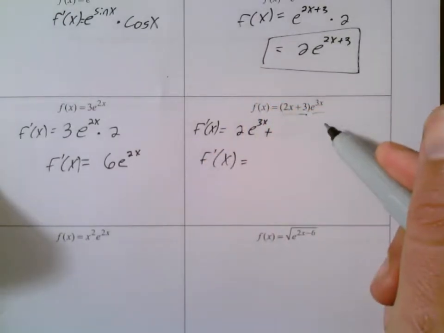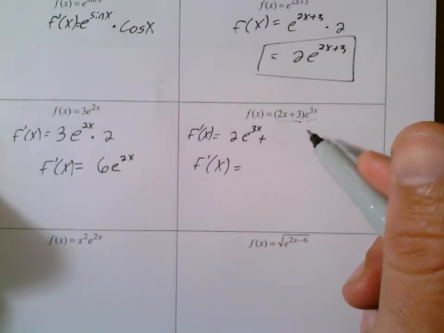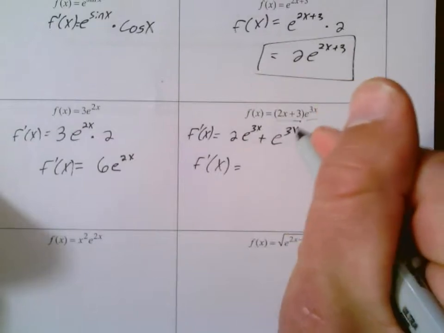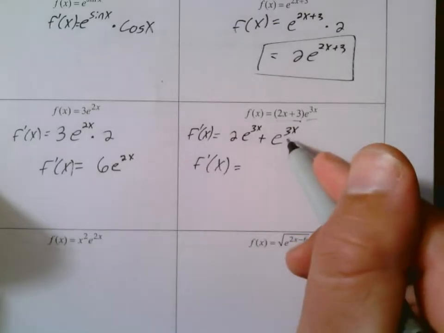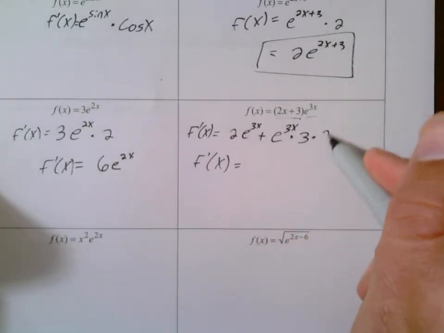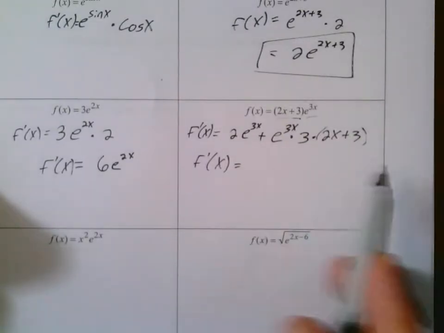Now, the derivative of e to the 3x is e to the 3x times the derivative of 3x, which is 3, times the first part. Not much really we can do here.